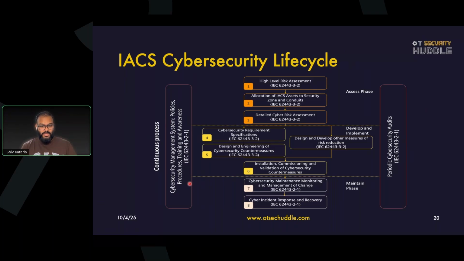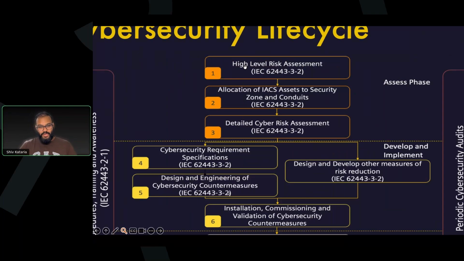We start with the high level risk assessment. This high level risk assessment could be for the entire system itself. We need to start with one zone at a time or one system at a time. You could say I start with the substation, I start with my boiler management system, maybe with the SCADA itself, and then you do the risk assessment.